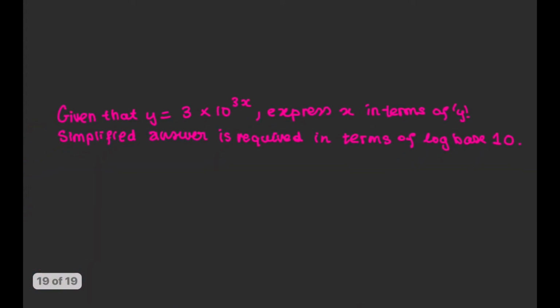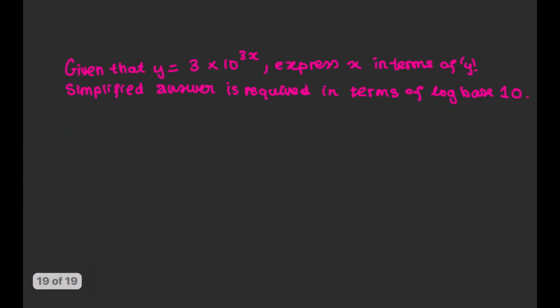The first question I have here states, given that y is equal to 3 multiplied by 10 power 3x, express x in terms of y, which means that x must go as the subject of equation.